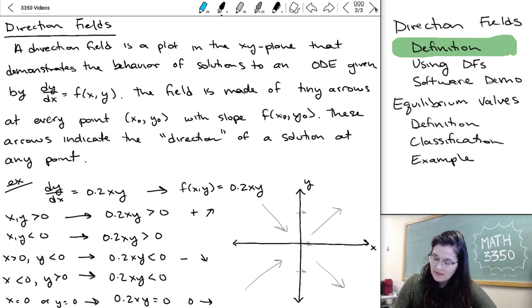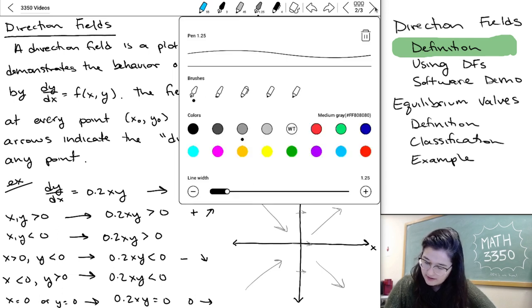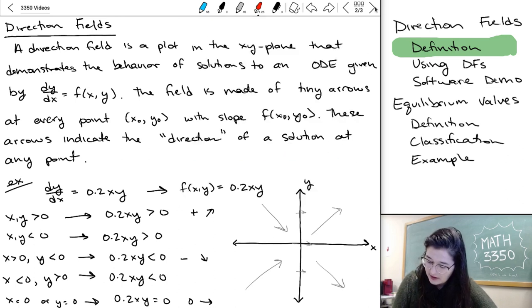And so what that's going to mean is that I do have these horizontal slopes. I guess you'll be able to see this in color, so I could make it red arrows maybe. Yeah, that'll be nice. Okay, so we're going to start with these horizontal slopes. 0.2xy is 0 everywhere I've drawn a little red arrow.